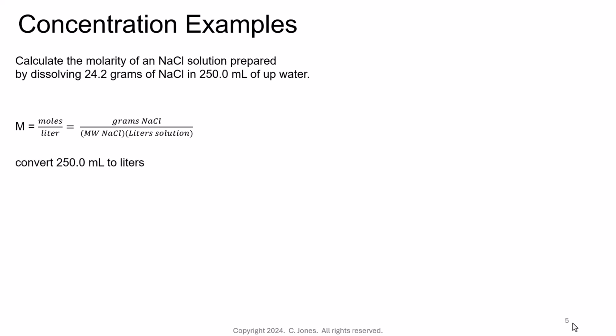First thing we're going to do is we notice that we have a volume in milliliters and molarity is expressed in liters. So we're going to need to convert milliliters to liters, right? And here's our little conversion factor. So we now have 0.2500 liters.